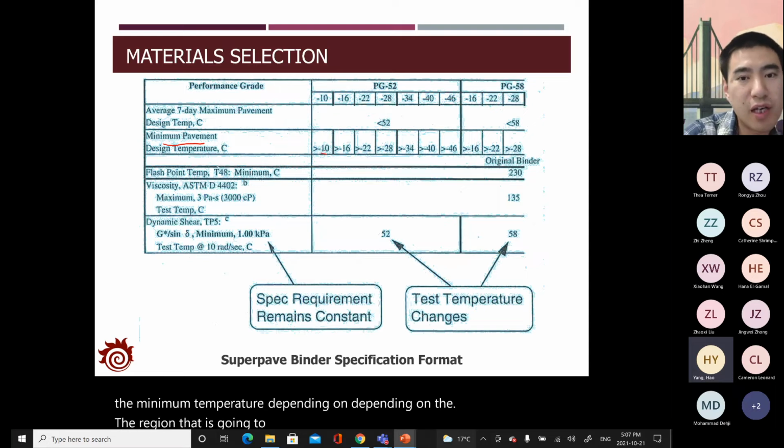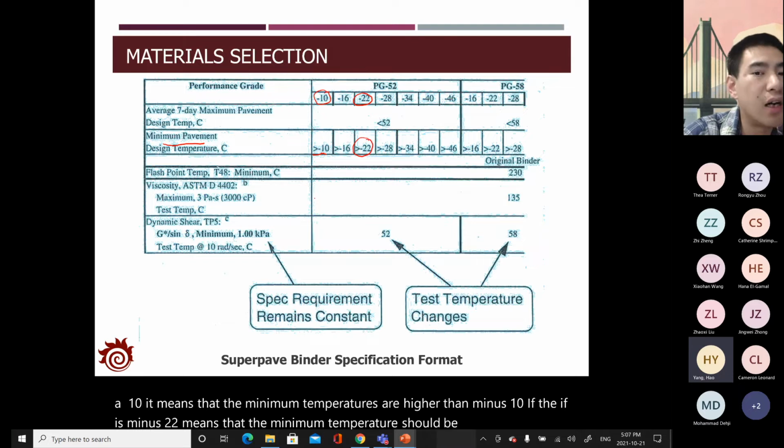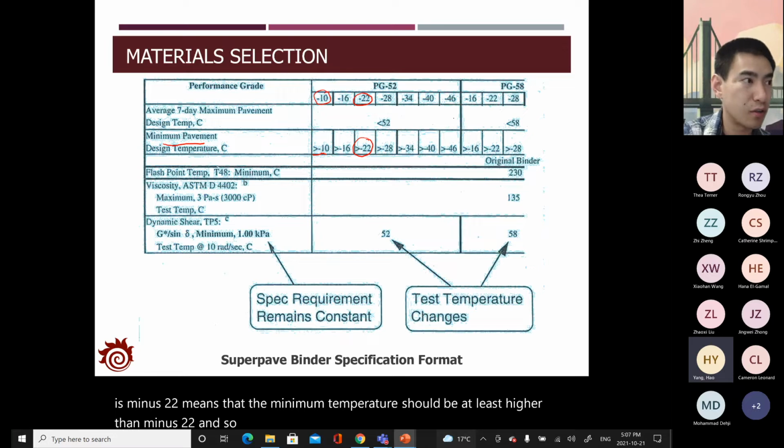It could be a minimum of minus 10 degrees. If it's minus 10, it means that the minimum temperature is higher than minus 10. If it's minus 22, the minimum temperature should be at least higher than minus 22, and so on. This also applies to the other categories.